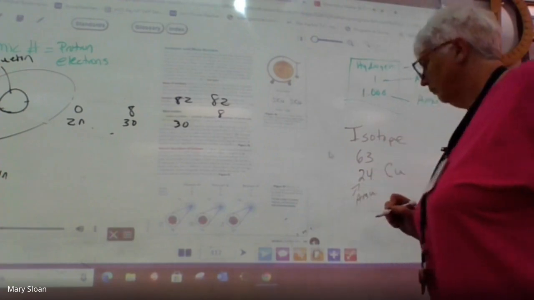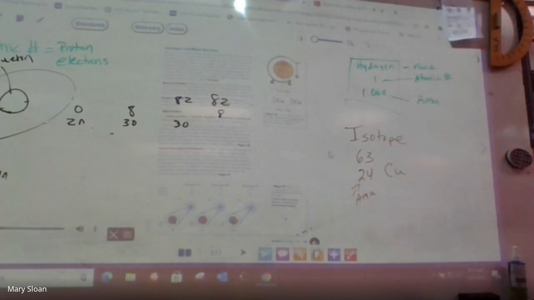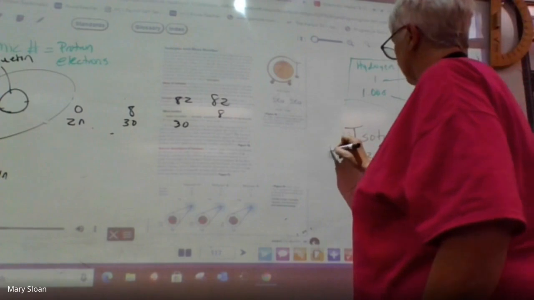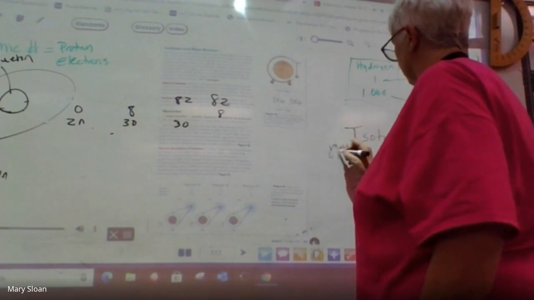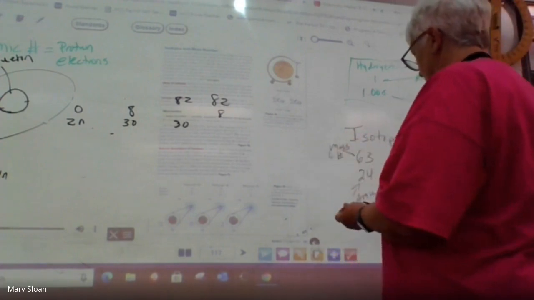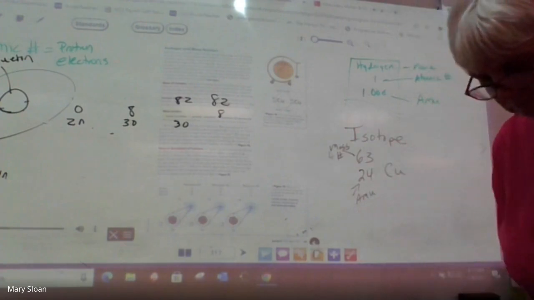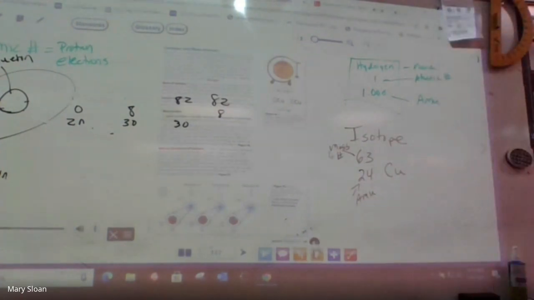Each isotope of an element is identified with a number called the mass number. The mass number is the sum of the atomic number, or number of protons, and neutrons in the nucleus. Mass number equals atomic number plus number of neutrons. The mass number of an atom is the sum of its atomic number and its number of neutrons.